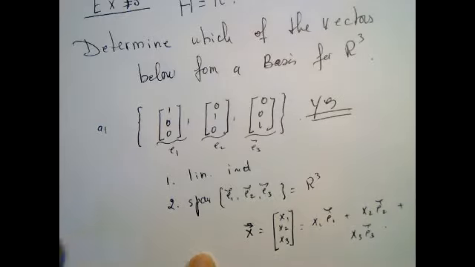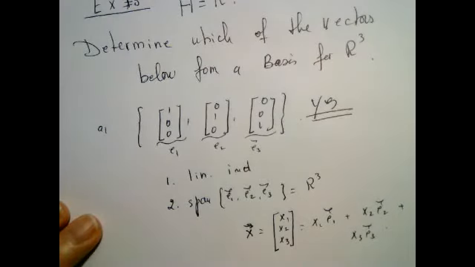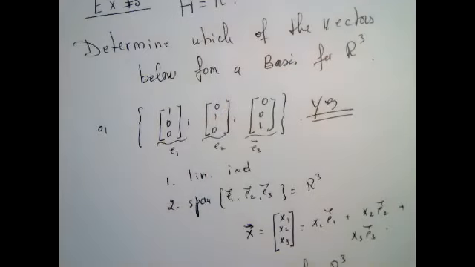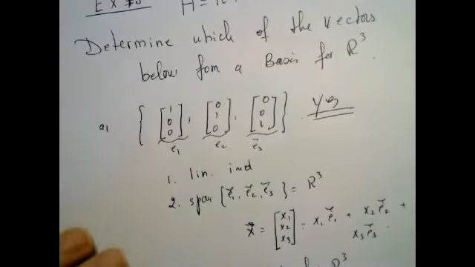So they span everything as a linear combination. And this is, as before, called the standard basis for R3. So when we hear about the standard basis for R3, we're talking about the E1, E2, and E3 vectors.